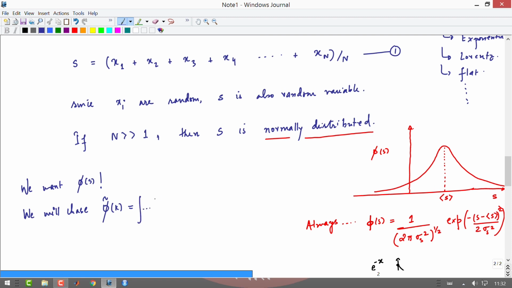these n integrals. I am not writing the limits here because the limits are understood, they are from the lower value to the x maximum.